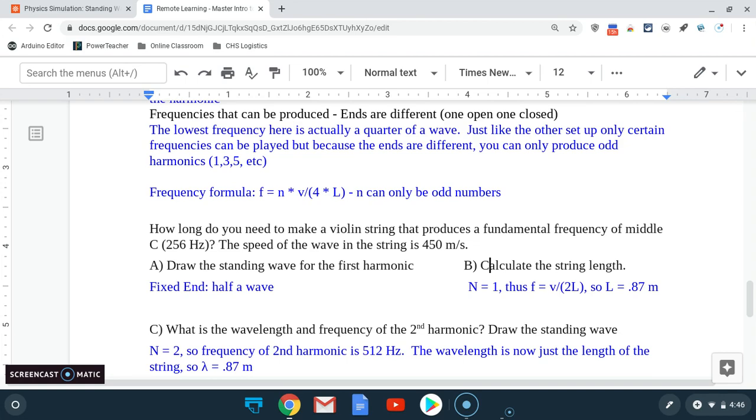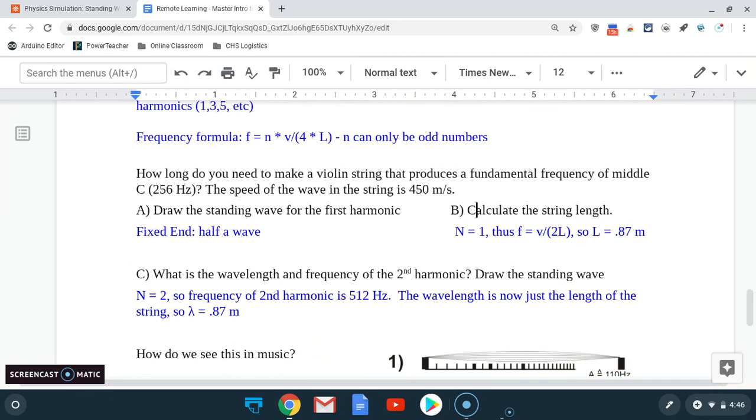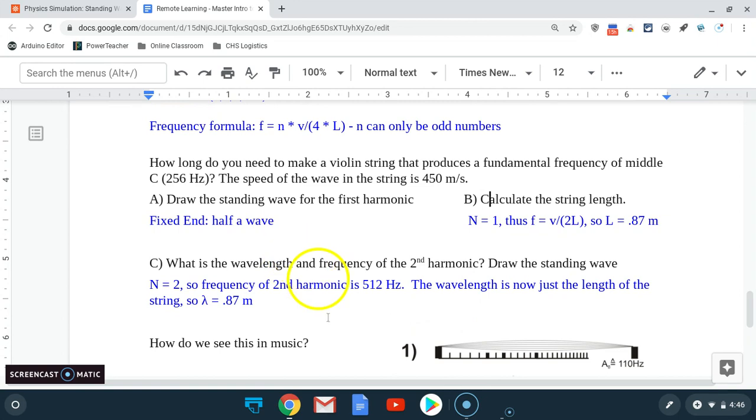Now, the last one is, let's talk about the second harmonic. What I want to know is, what's the next note that I can play on the string that can actually produce a sound? That means we're looking for the second harmonic. For the second harmonic, n would equal 2.